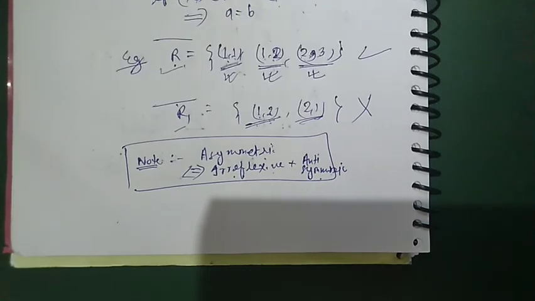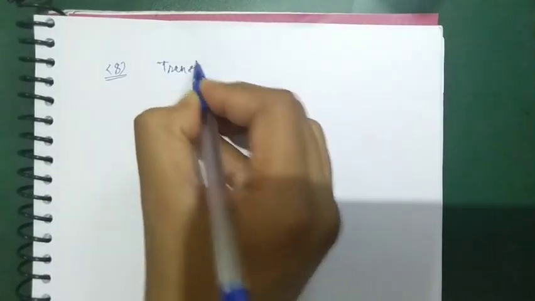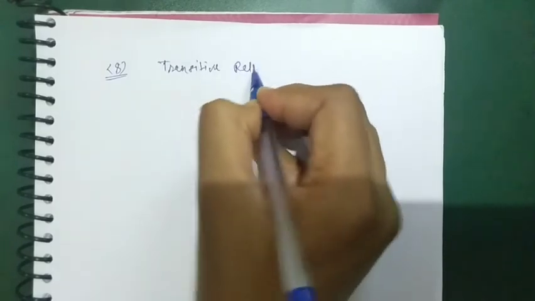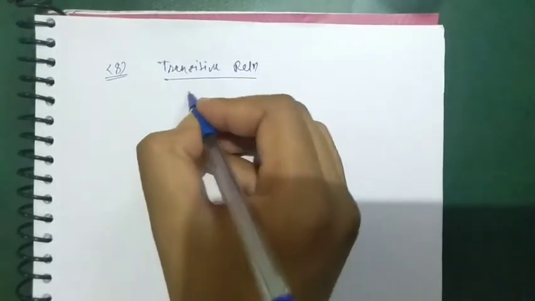Now we are giving our last type of relation, which is the transitive relation. Type number 8, transitive relation.